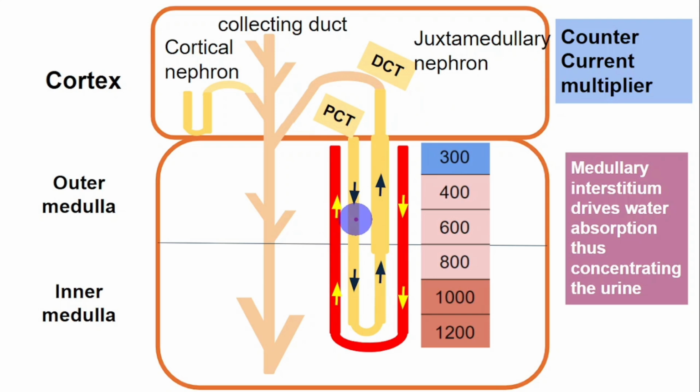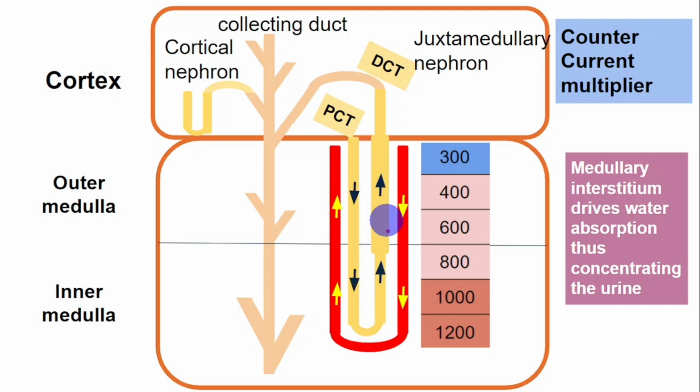Now these arrows, if you notice, this is going up, this is going down, this is up, this is down. Direction of movement of fluid is in opposite direction in each limb. And this forms the countercurrent system, or it is also called countercurrent multiplier.